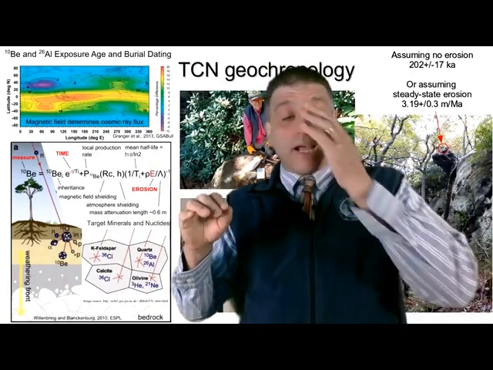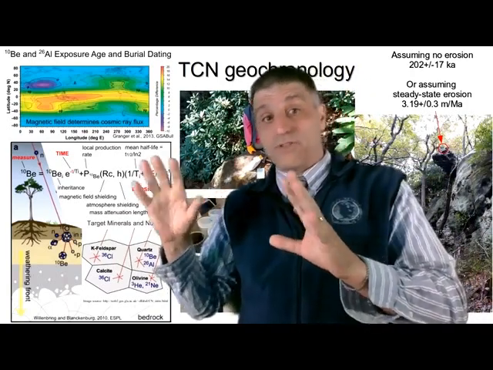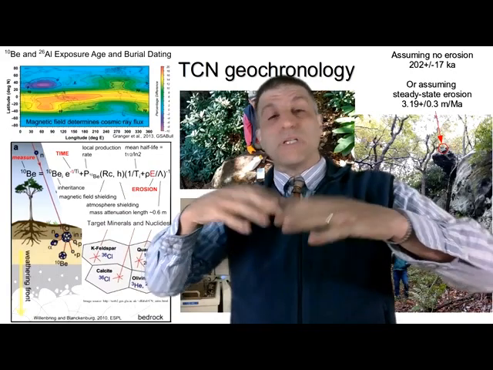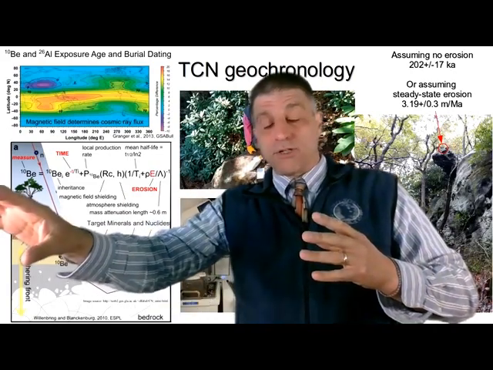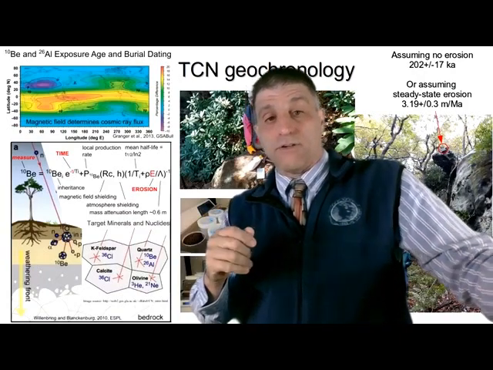And at first I don't necessarily know what that rate is, but I'm going to assume it's steady state. It's come to balance with the erosion that's occurring, the production that's occurring, and the decay that's occurring are all in balance with one another.